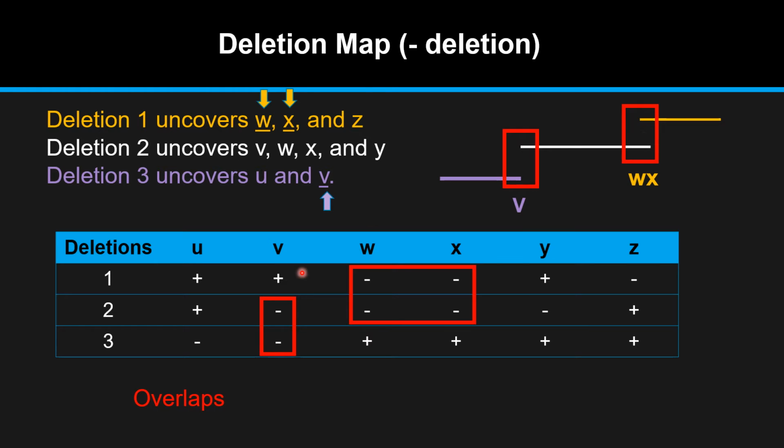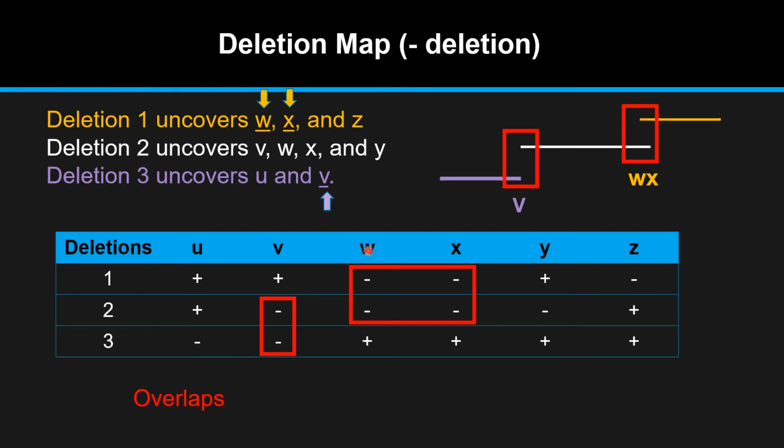So for example, we have the 3 deletions, 1, 2, and 3. Here we have the genes, all the genes, and here they said that they uncover the genes W, X, and Z. So U they didn't uncover, V they didn't uncover, in this deletion 1.